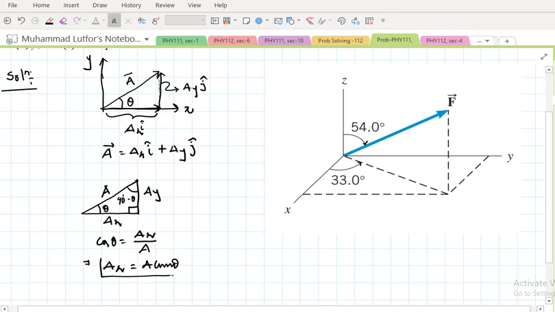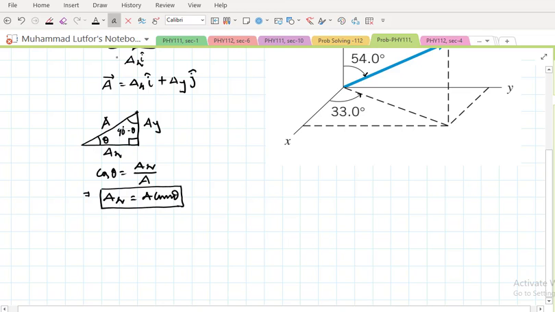Remember, to take the component, always take the cosine ratio. The sine ratio comes automatically. You will find, for this Ay component, I'll consider this as my angle, right? In that case, Ay would be the base.